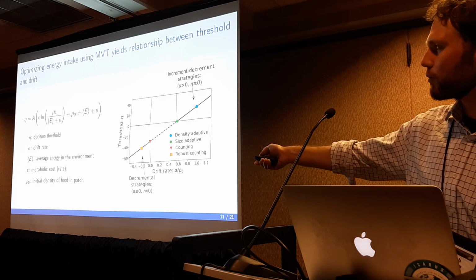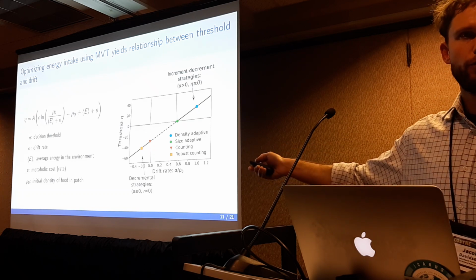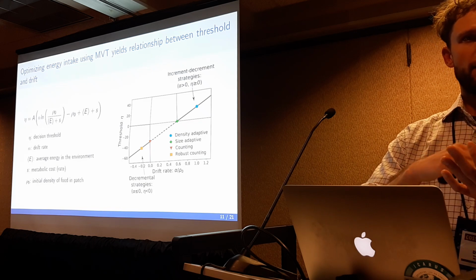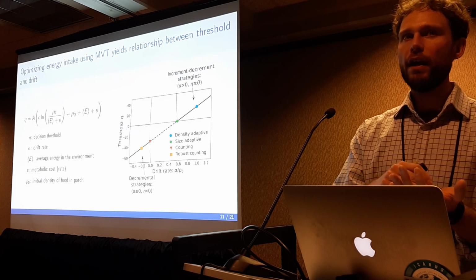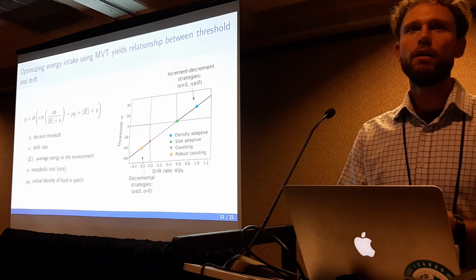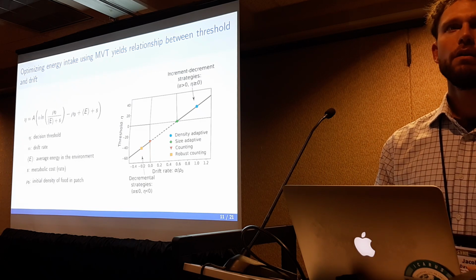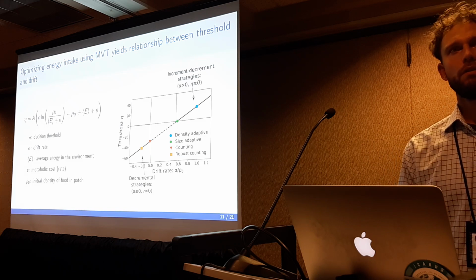This is kind of a boundary: if you take this strategy with no drift, it can be optimal if you have no noise and you know the amount of food per patch, but it's very sensitive to noise. So as soon as you add noise, or as soon as you have patches where we don't know the amount of food, this is highly non-optimal.